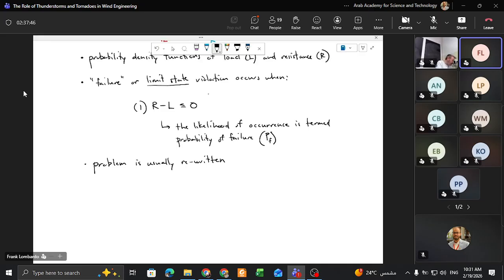Usually the problem is written as the probability that some function G, which is a function of the resistance and the load, is less than or equal to 0, where G, and anything inside there, is called the limit state function.